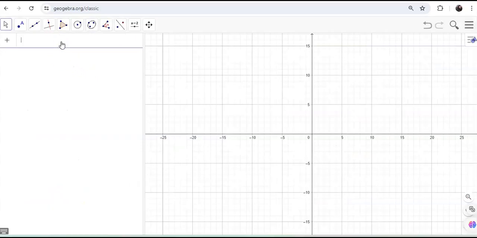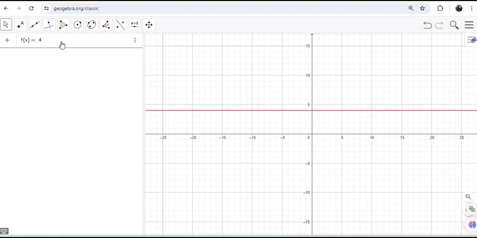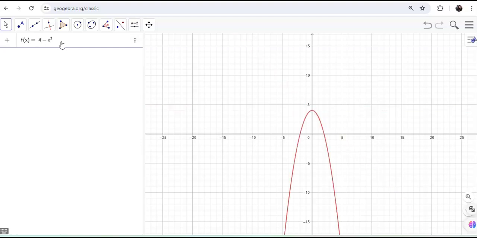Here in GeoGebra, we are going to type the function, and the function for x values less than 1 will be 4 minus x squared, right? We're gonna do approximation. We're going to input x values that are very close to negative 2 at the left, meaning less than negative 2. So please observe, so we are going to have our first x value that is very close to negative 2 at the left, meaning less than negative 2. So we have this one, negative 2.00001, and we have the y value here.